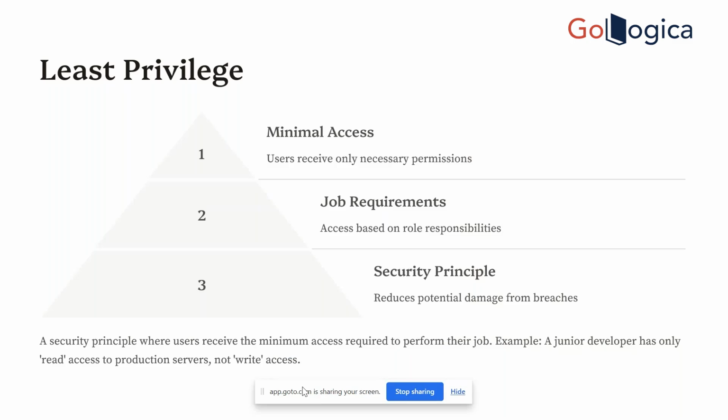Like there is a SharePoint for proposals, a SharePoint for pitching vendors, and a SharePoint for client and proposal access. We can't give those accesses to an analyst-level person. Similar to our security principle, it reduces potential damage from breaches.